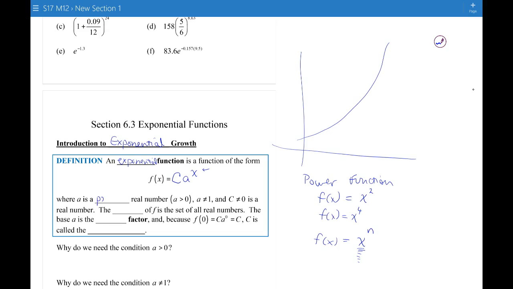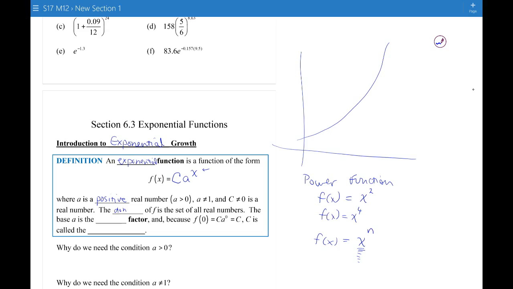So a for us is going to be a positive real number. We're not going to look at what happens with a negative base. That's another topic altogether. And so we have a as a positive real number, so it's bigger than 0. It can't equal 1. Capital C can't equal 0, and capital C is a real number.